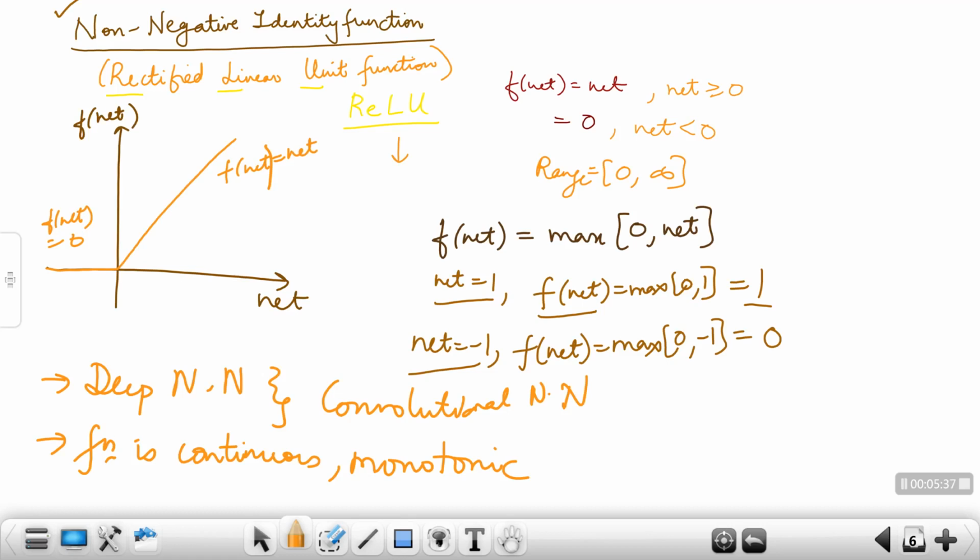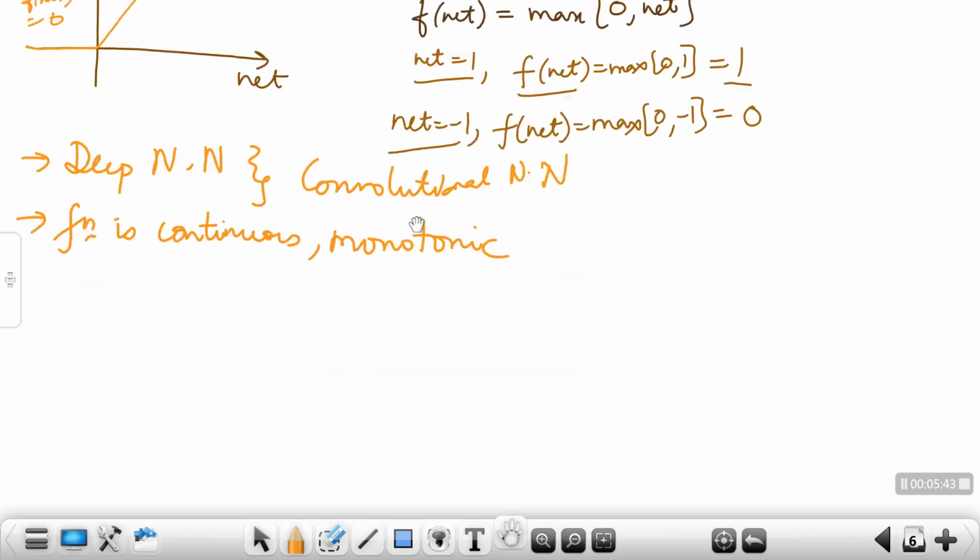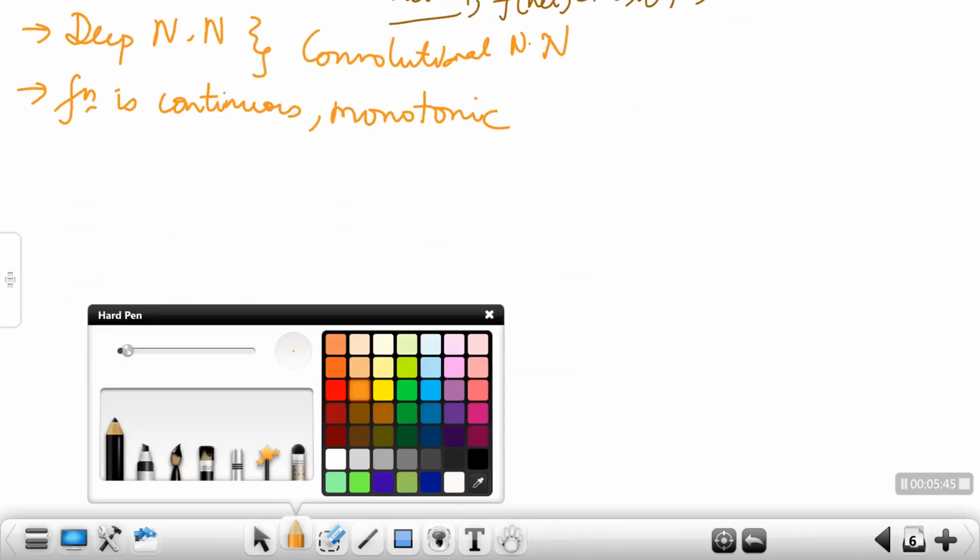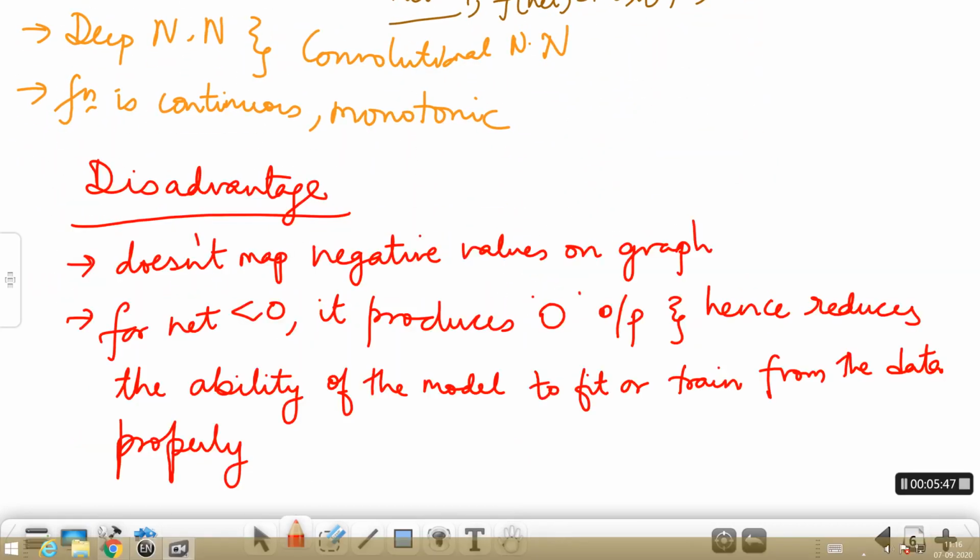Now what is the disadvantage of this particular function? The disadvantage is that it doesn't map the negative values on the graph. For net less than 0, it produces 0 output. And hence it reduces the ability of the model to fit or train from the data properly.